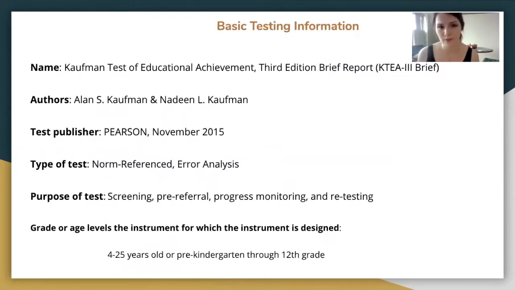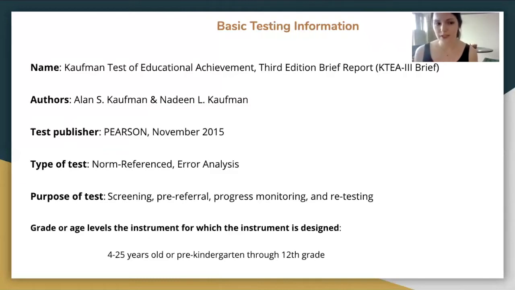The full name of our test is Kaufman Test of Educational Achievement, third edition brief report, and the abbreviation is KTEA-3 brief. The authors are Dr. Alan S. Kaufman and his wife Nadine L. Kaufman. The test was published by Pearson in November 2015.